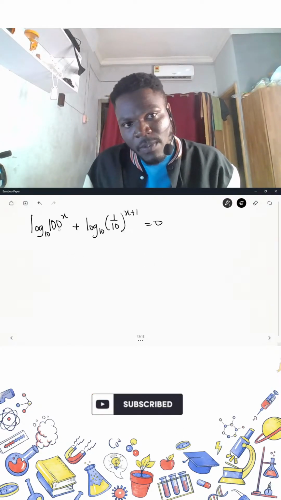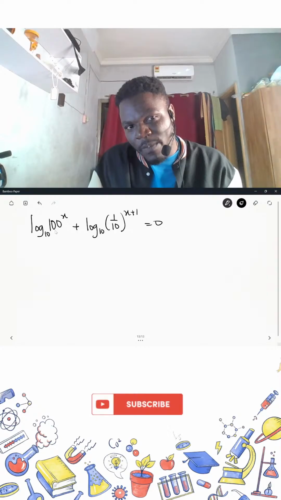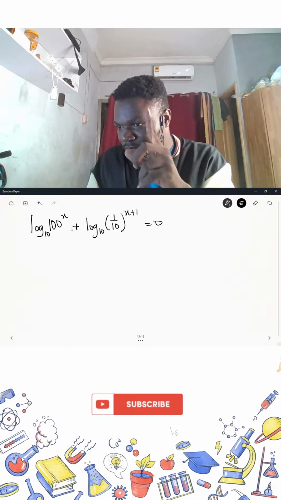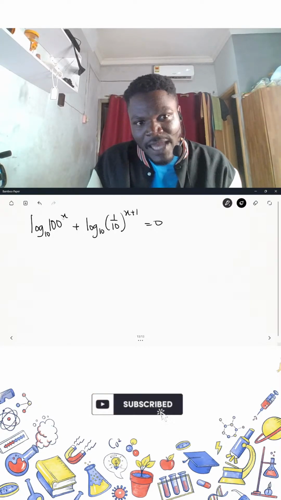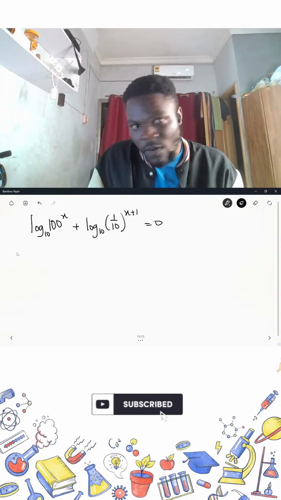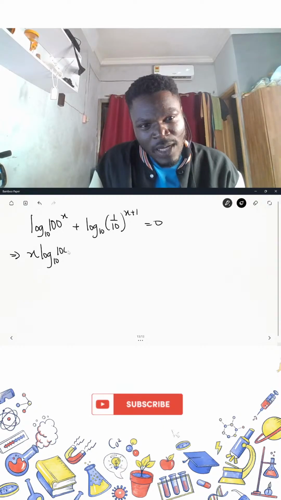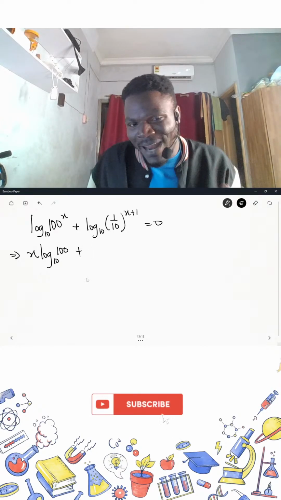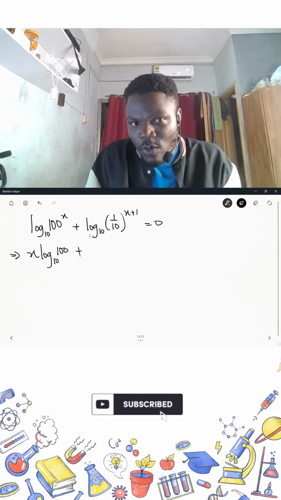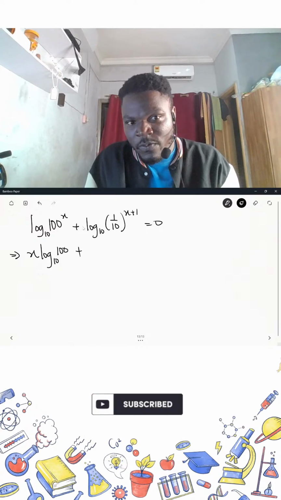To solve this problem, like I said, in log base 10 of 100 to the power x, the x will come in front of the log first. So this will become x log base 10 of 100. Then the power over here will also come in front of the log.